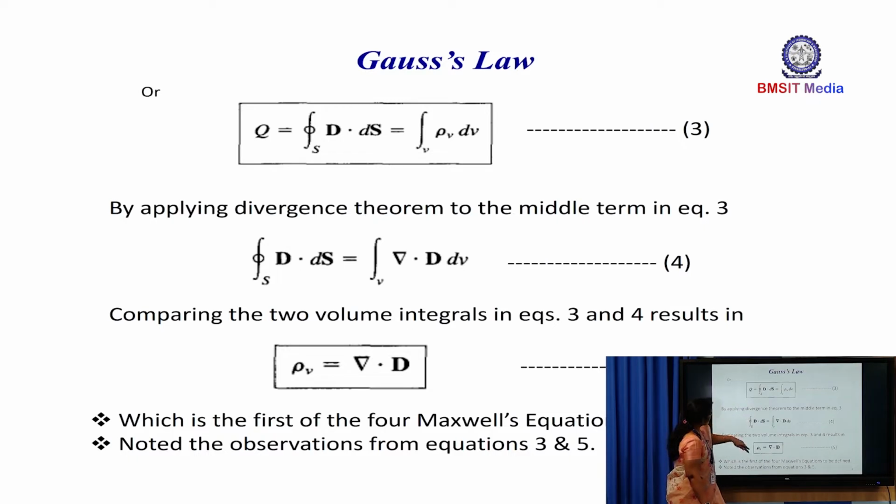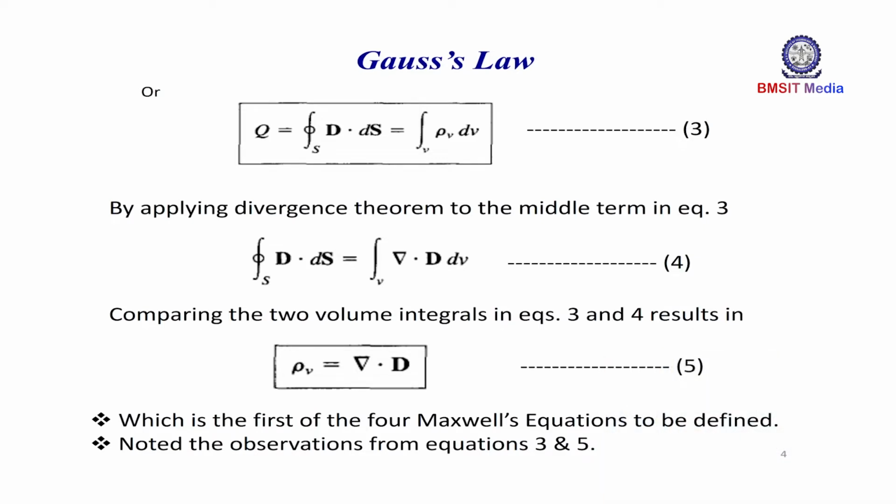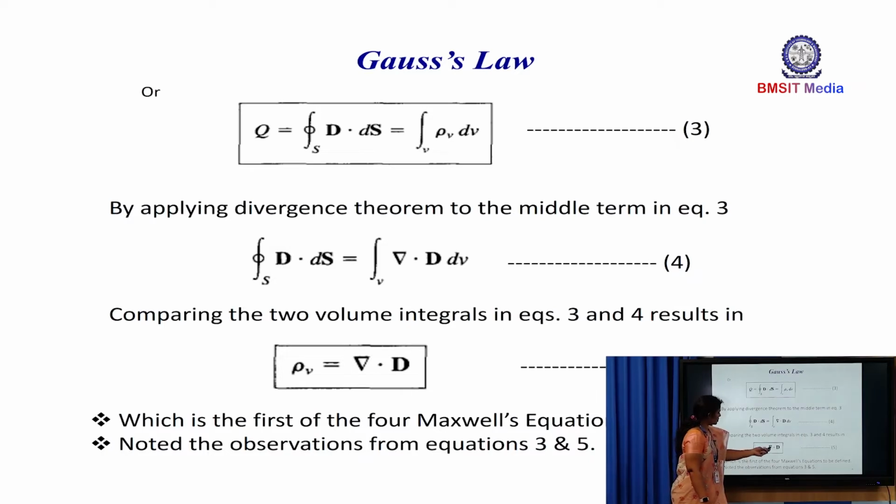Equation 5 states that the volume charge density is the same as the divergence of the electric flux density. So rho v equals del dot D, where rho v is simply the volume charge per unit volume at that point.